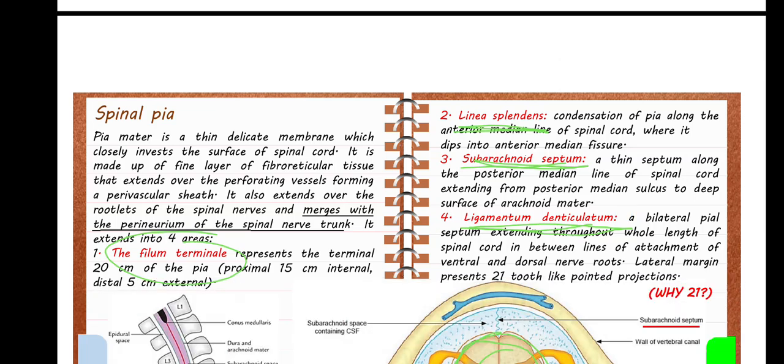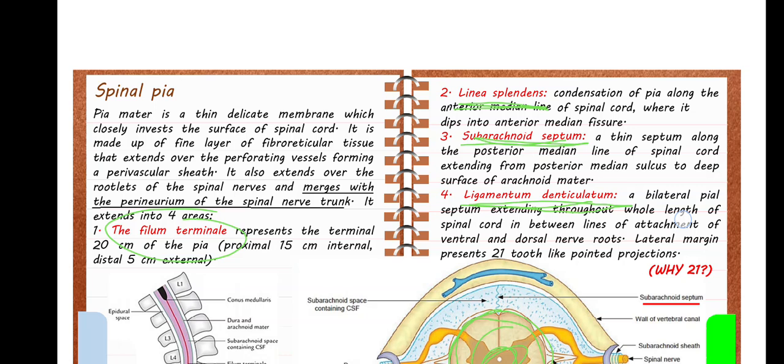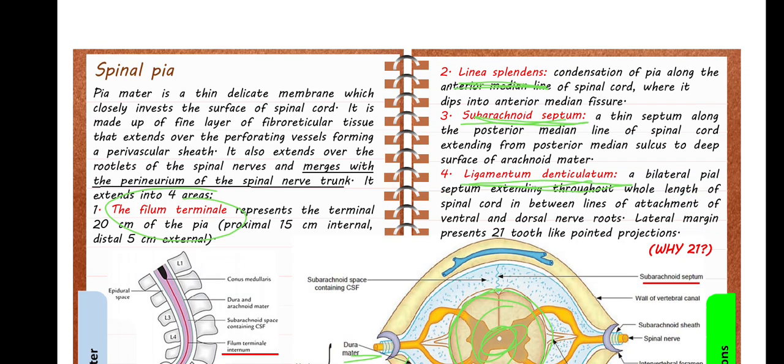So the filum terminale, the linea splendens, the subarachnoid septum, and the ligamentum denticulatum. You can pause the video here if you want to write and read more about them. Okay, so continue from there.